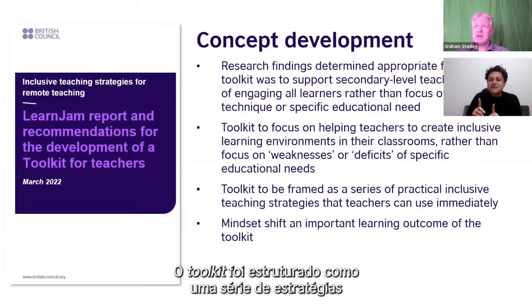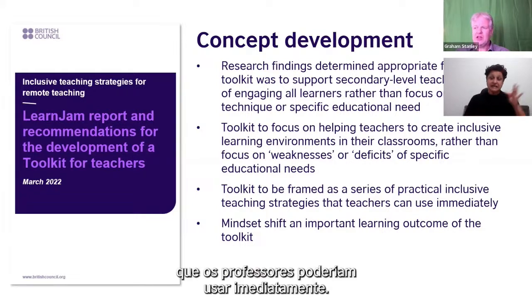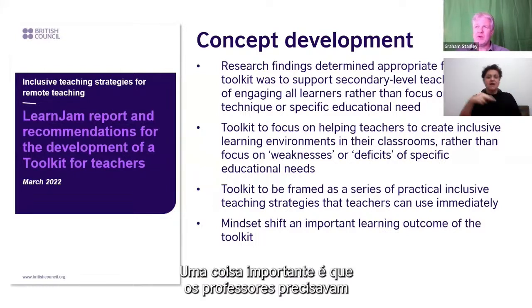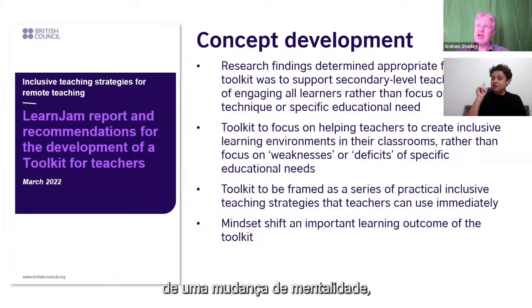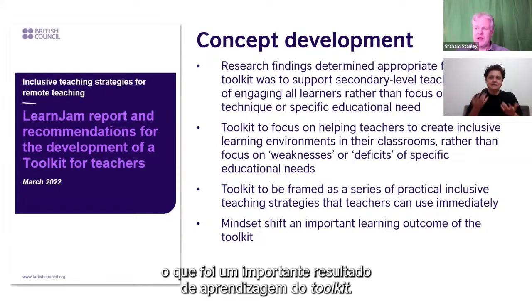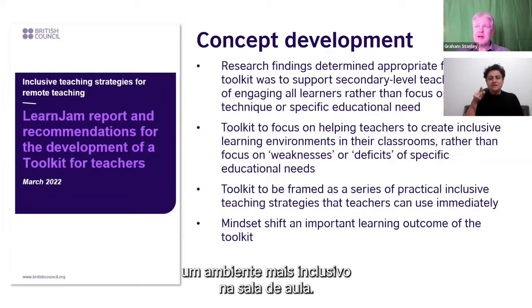The toolkit was framed as a series of practical, inclusive teaching strategies that teachers could use immediately. And one thing that is important was that the teachers needed a mindset shift, which is an important learning outcome of the toolkit, in order to understand how to provide a more inclusive environment in their classrooms.